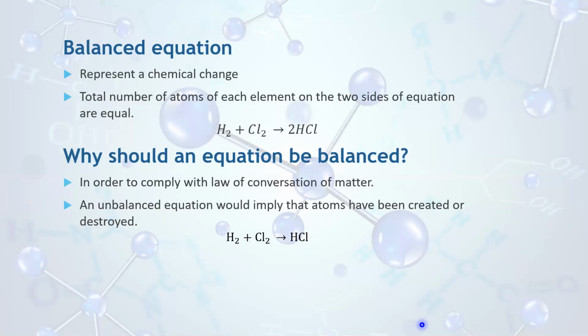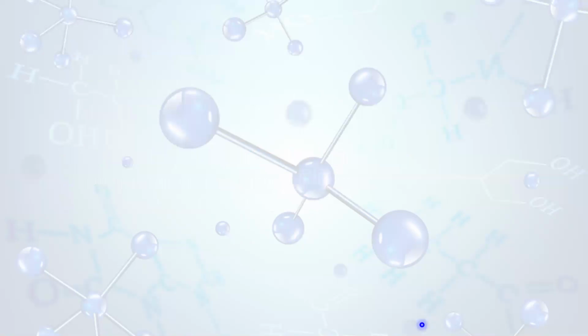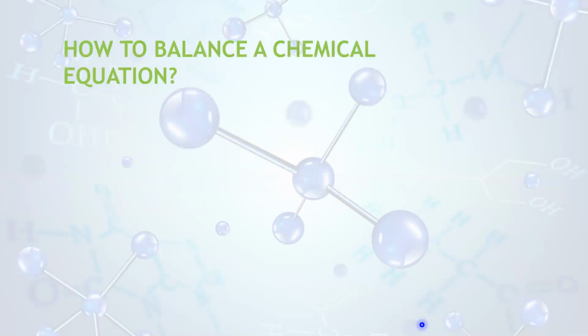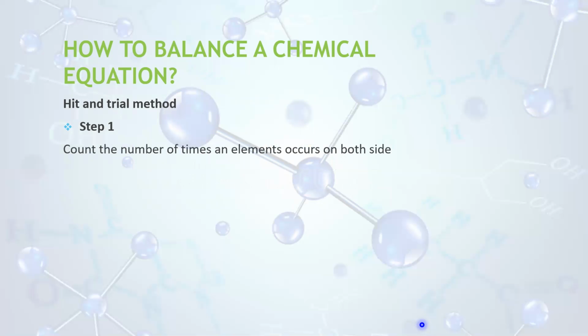Now let us turn to the next issue, how to balance a chemical equation. Here we are using the hit and trial method to balance the equation. There are some steps to follow. The first step is counting the number of times an element occurs on both sides.